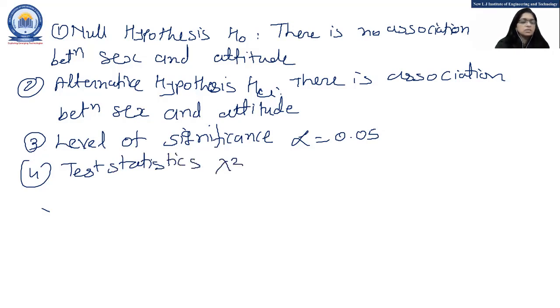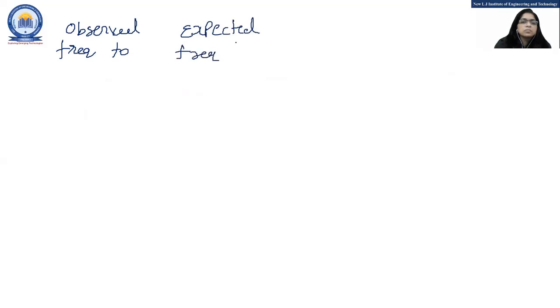And for the test statistic, we have to make one table, and our table is observed frequency, expected frequency, and here is FO minus FE, the whole square upon FE.